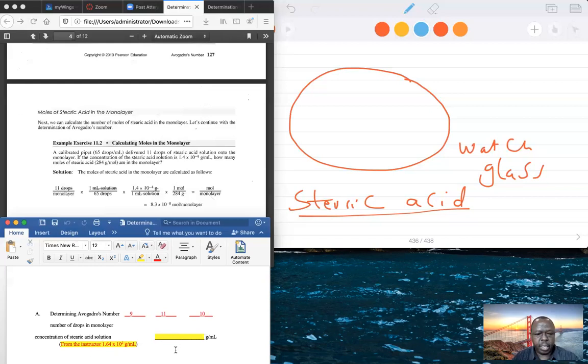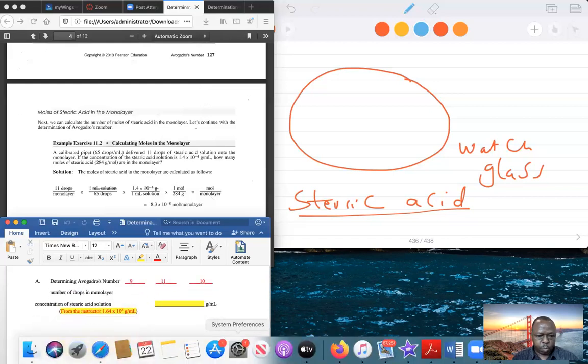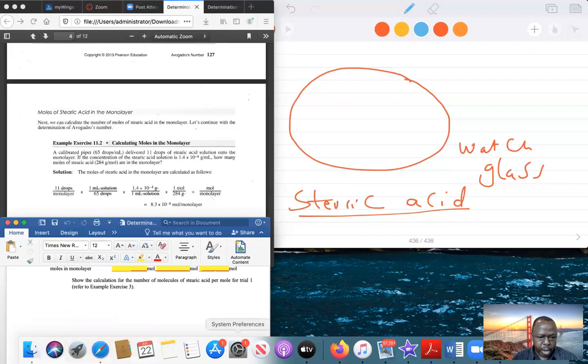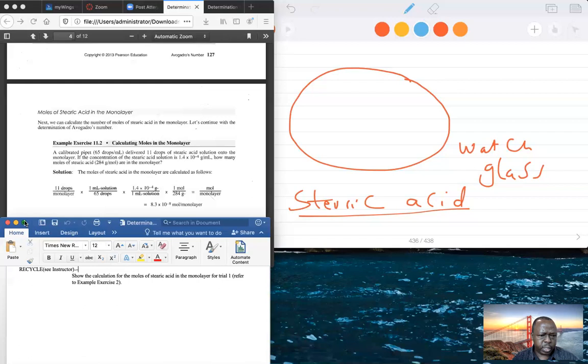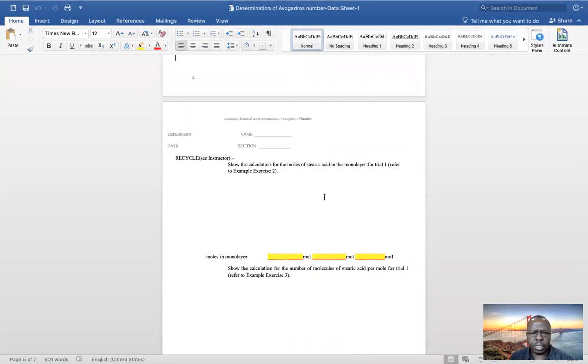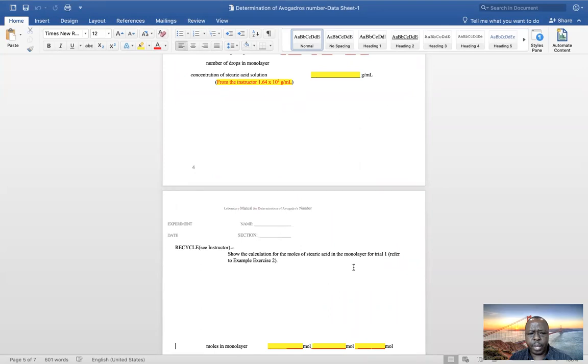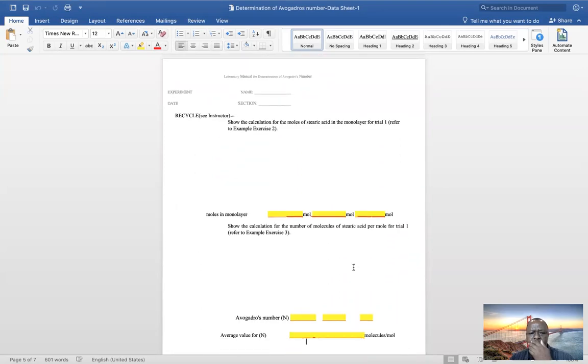So already given that. And once you have this, you'll have what it takes to calculate the Avogadro number here. Let me enlarge this so that at least we see. You can see clearly here that once you do the calculation for each trial, you will now calculate Avogadro number for each trial.